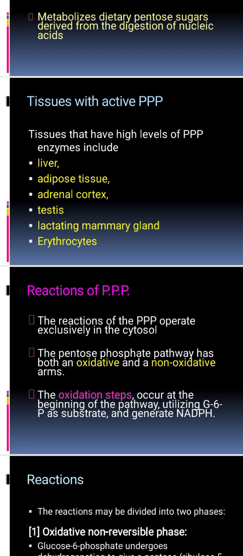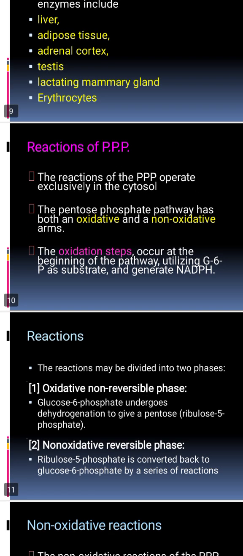Let's shift to the mechanism or the pathway itself of the pentose phosphate pathway. Generally, the reactions of the pentose phosphate pathway occur exclusively in the cytosol. So it's an anaerobic reaction, right? The pentose phosphate pathway actually has an oxidative part and a non-oxidative part.